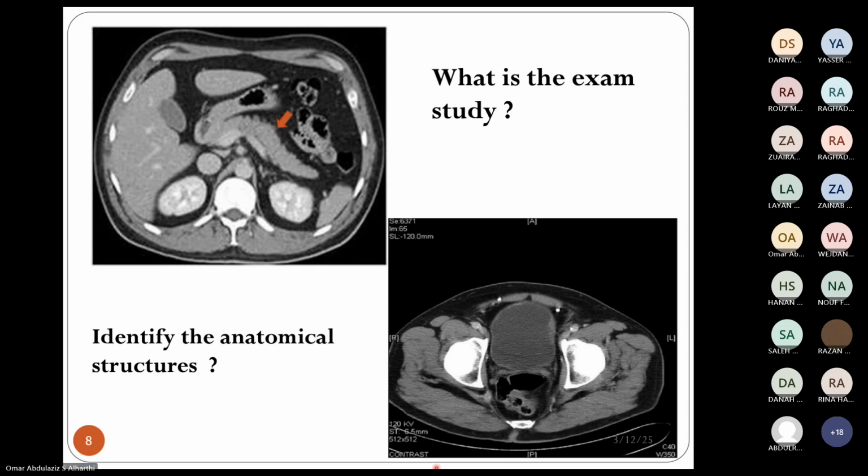What is this? Pancreas. What is this? Gallbladder. What is this? Urinary bladder. What's this? Rectum.